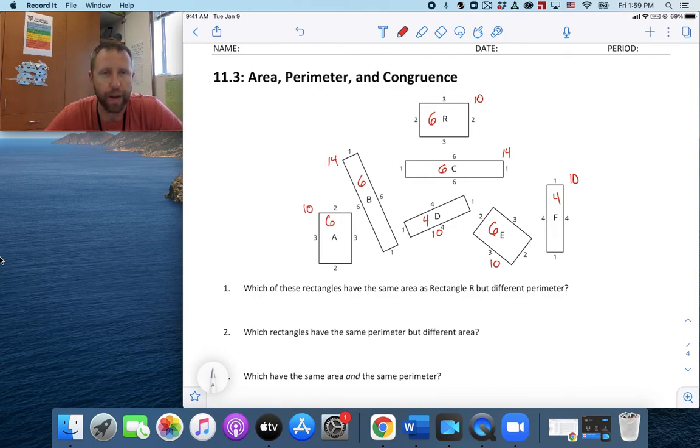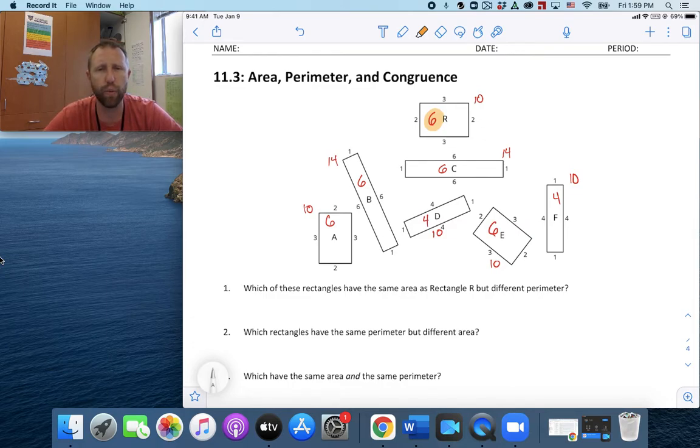let's answer number 1. Which of these rectangles have the same area as rectangle R? Well, rectangle R, we found out, has an area of 6, right? So I want to highlight these ones that have the same area. So I have an area of 6, but different perimeters. So the perimeter of rectangle R was 10.